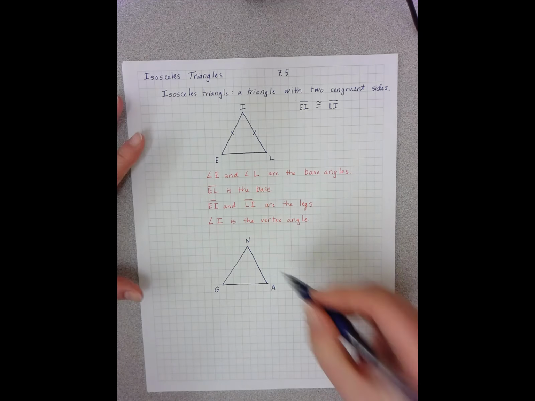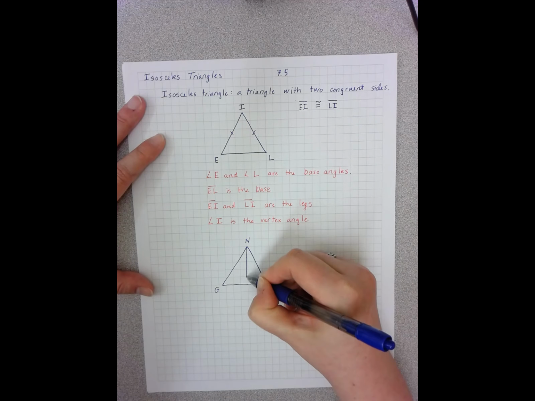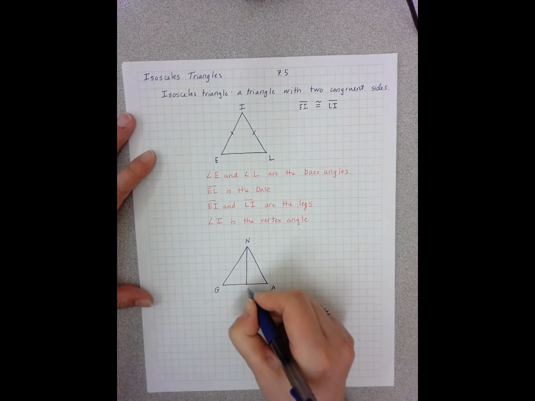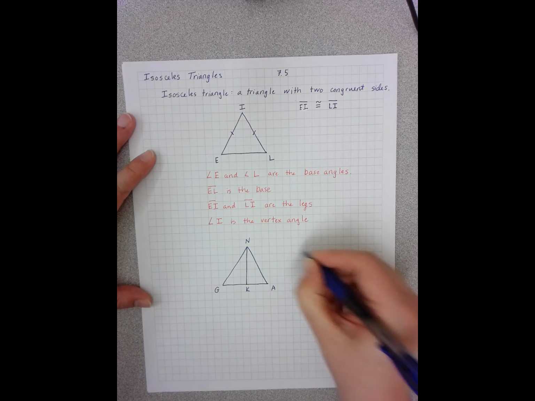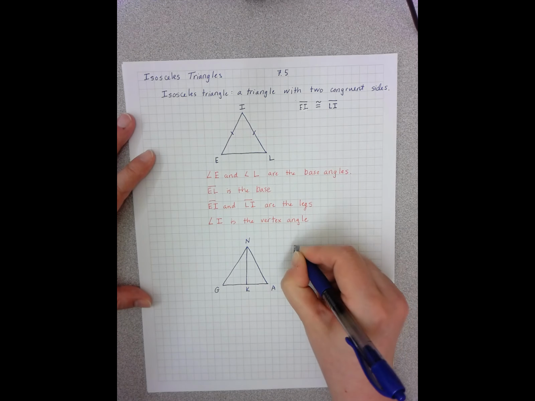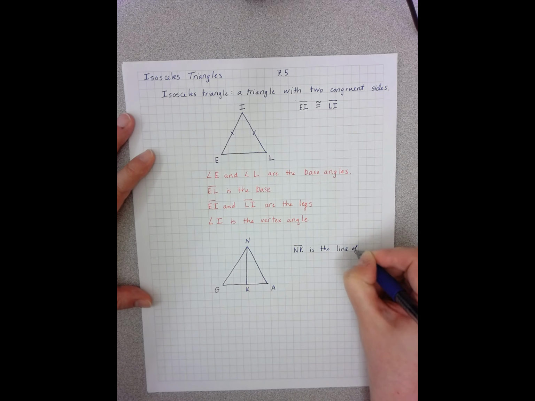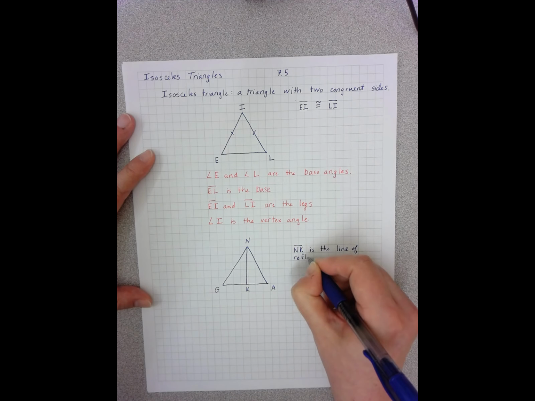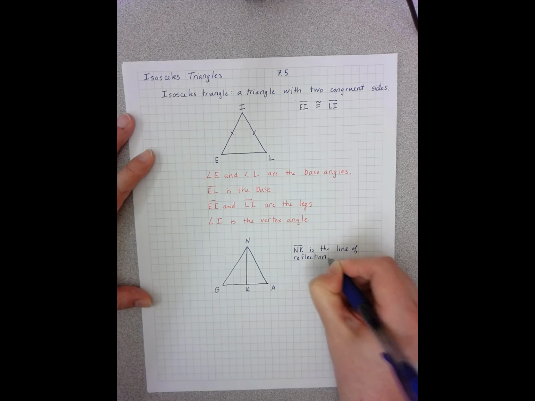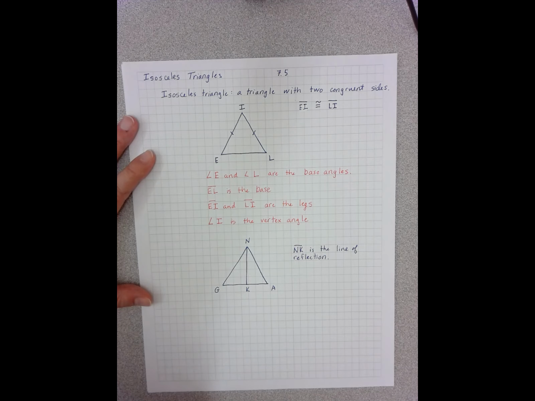And we end up finding out in this section that the line of reflection, so we say that NK is the line of reflection, does many things.